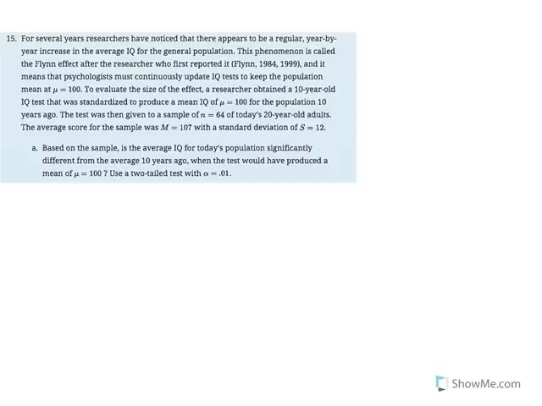The test was then given to a sample of 64 of today's 20-year-old adults. The average score for the sample was 107, with a standard deviation equal to 12. Based on the sample, is the average IQ for today's population significantly different from the average 10 years ago, when the test would have produced a mean of 110? Use a two-tailed test with alpha equal to 0.01.